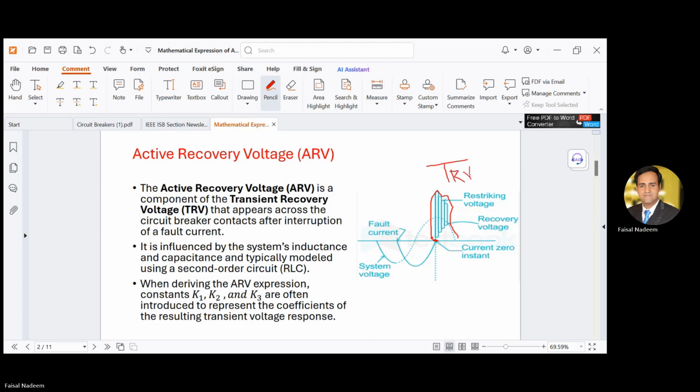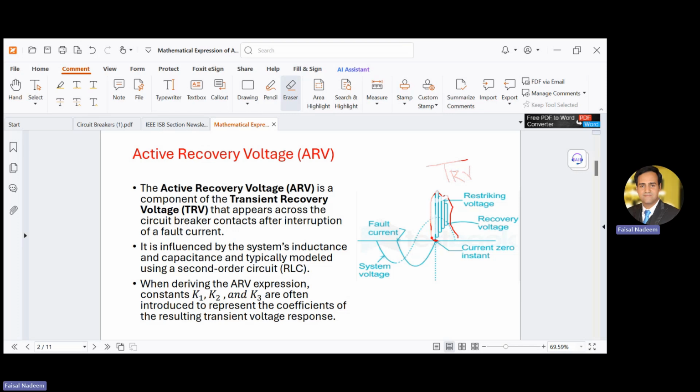Fine. So now we have to point out in this area where is the active recovery voltage. This transient recovery voltage comprises three voltages. One is active recovery voltage, the other one is recovery voltage, and another one is restriking voltage.